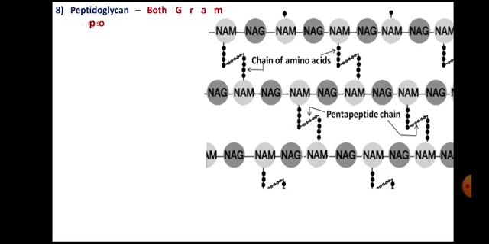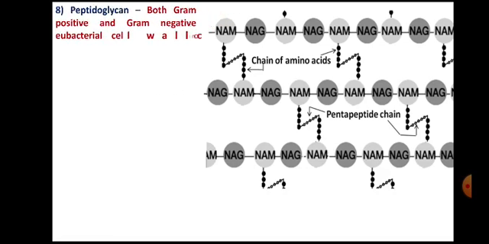One more very important example of a structural component which is present in the bacterial cell wall is peptidoglycan. We can see towards the right hand side the structure of peptidoglycan. Peptidoglycan is one of the structural components important in the cell wall of both gram positive and gram negative bacteria.